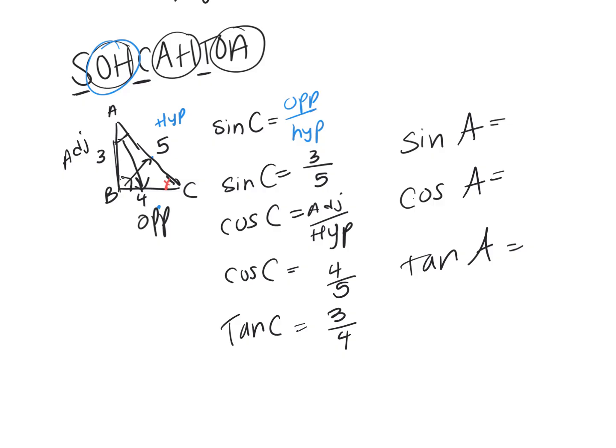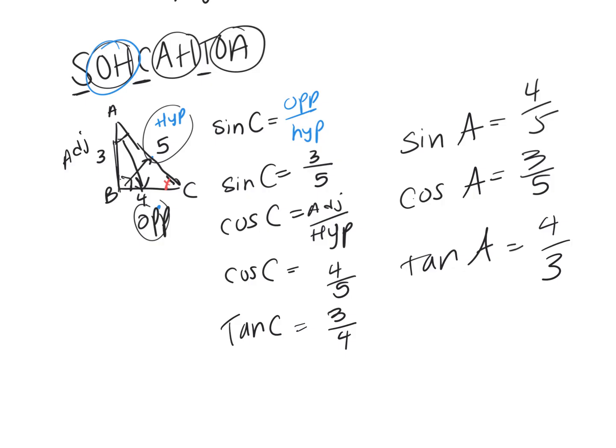So now the sine is opposite over hypotenuse, 4 over 5. The cosine is 3 over 5. And the tangent is opposite over adjacent, 4 over 3.